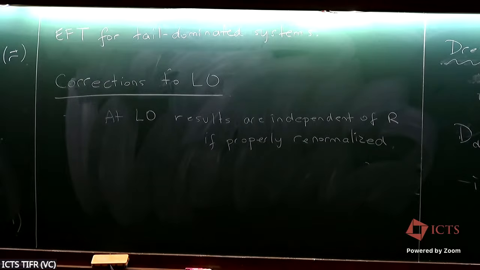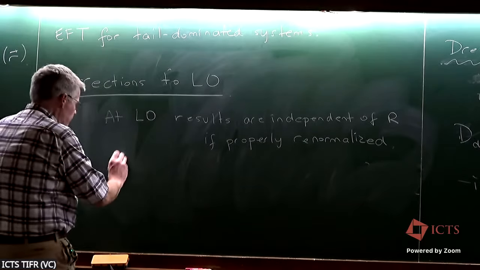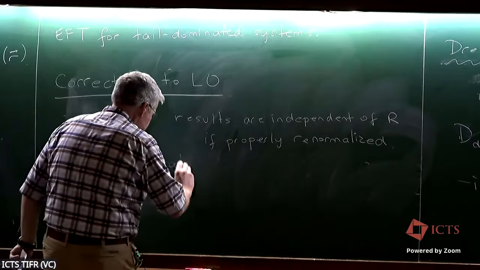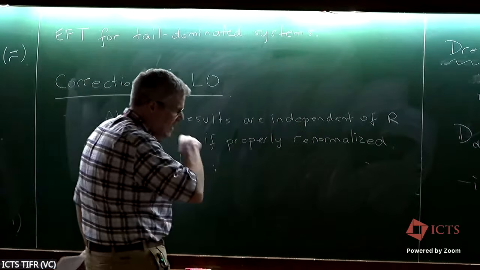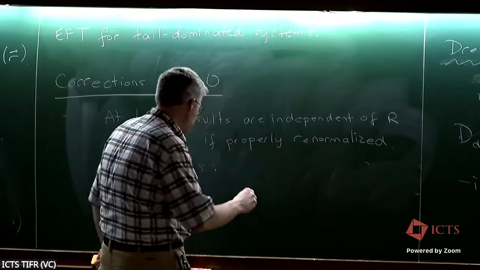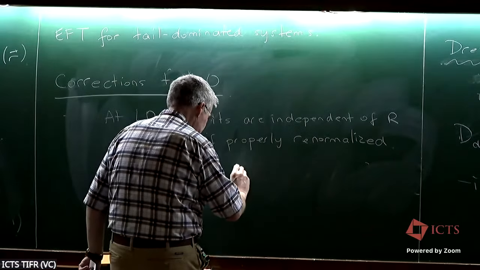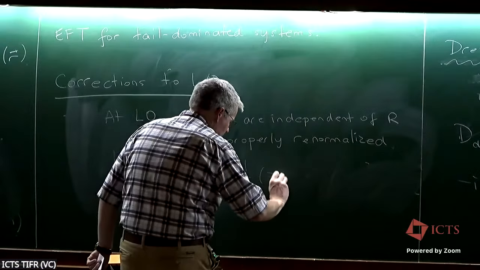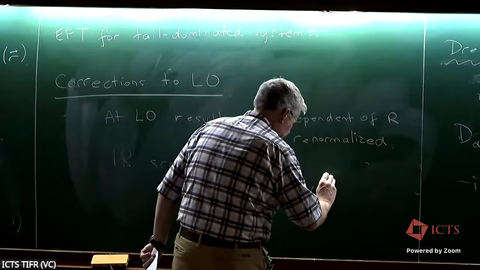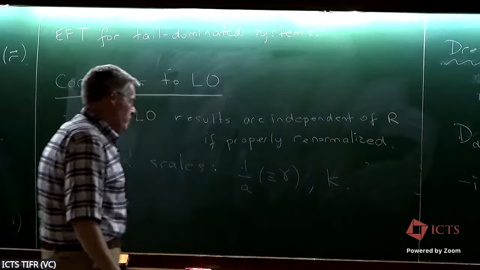So I would say that leading order does a nice job of capturing the infrared scales. It gives you the correct functional form for the amplitude as a function of the infrared scales 1 over A, or equivalently the binding momentum of the bound state and the scattering momentum K.